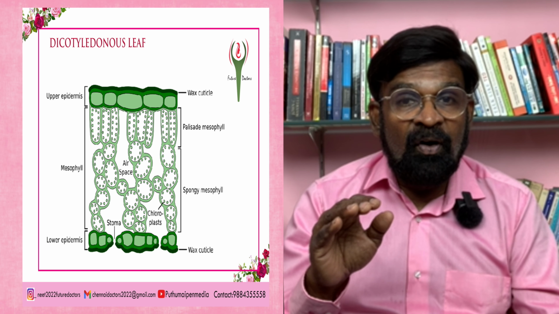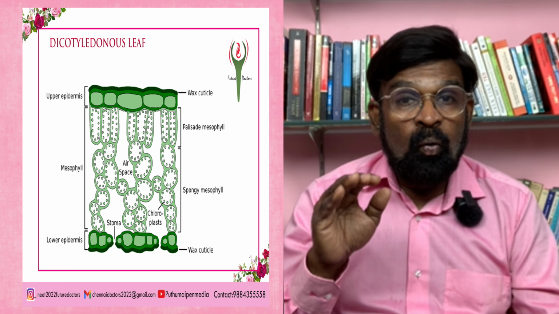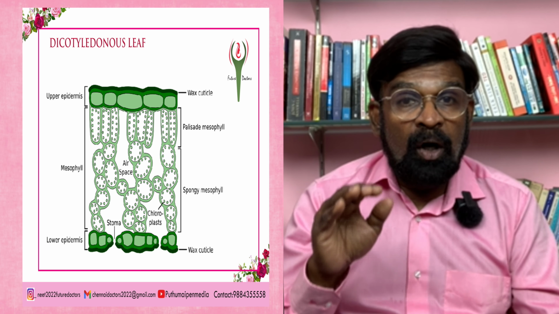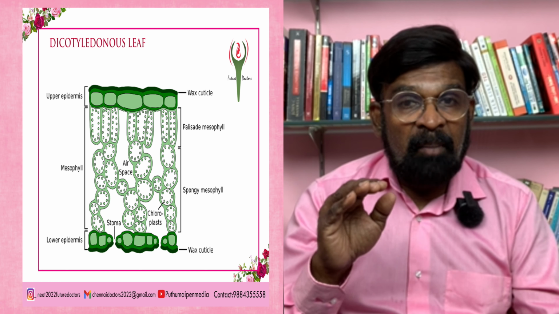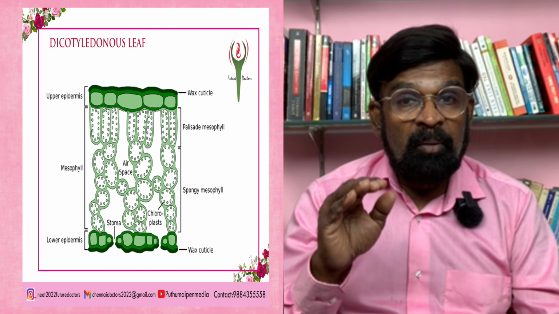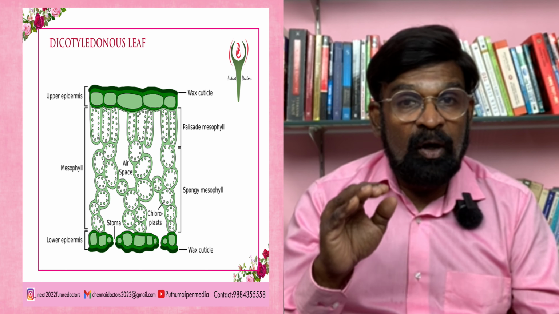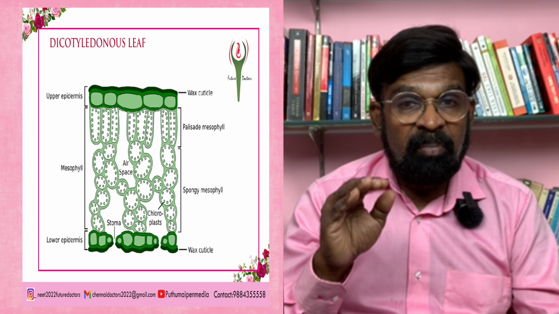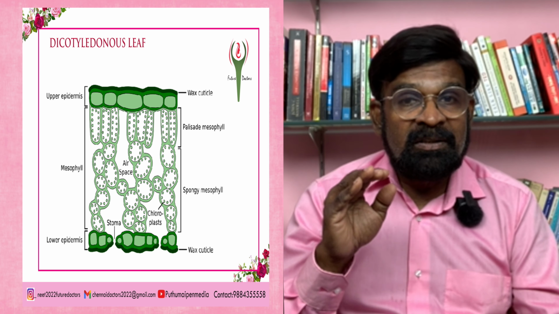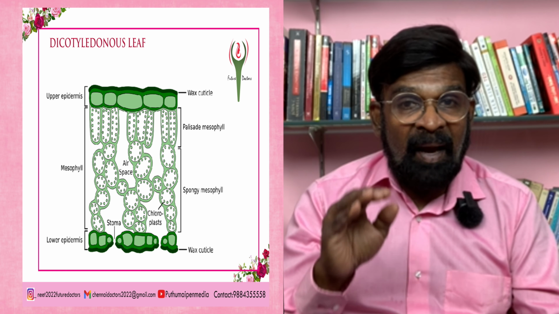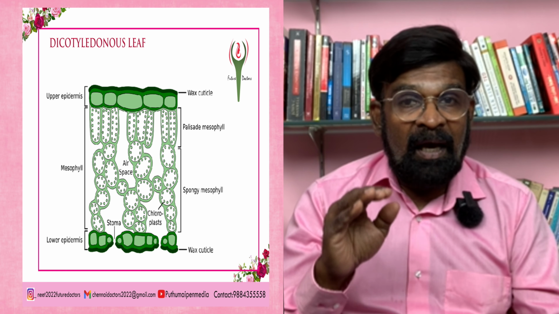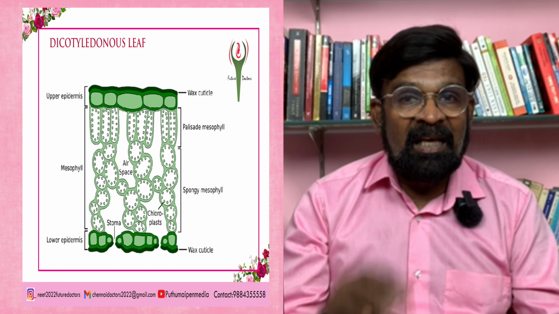It is meant for the conduction of water and minerals. The phloem is made up of sieve tubes, companion cells, phloem parenchyma and phloem fibers. They are surrounded by a layer of thick-walled, compactly arranged cells known as bundle sheath cells.